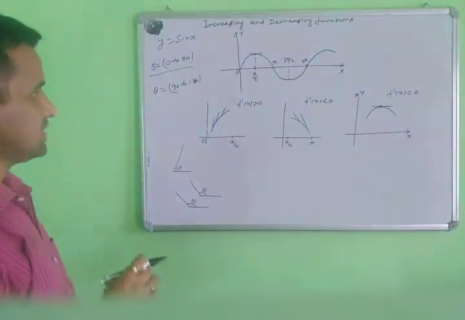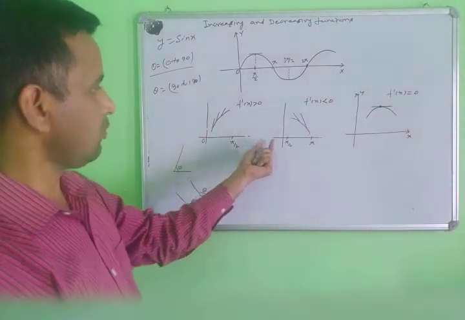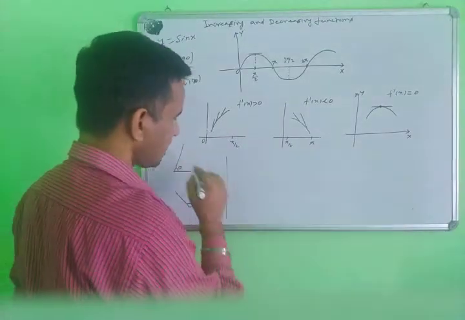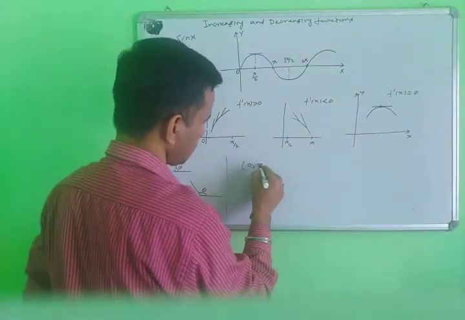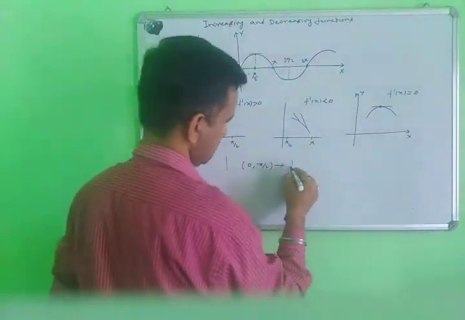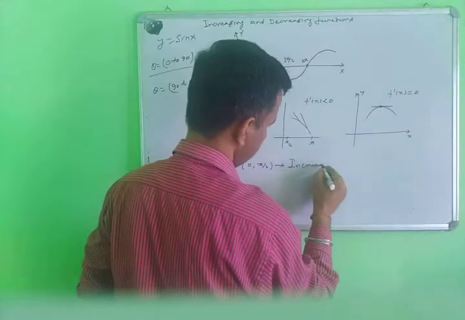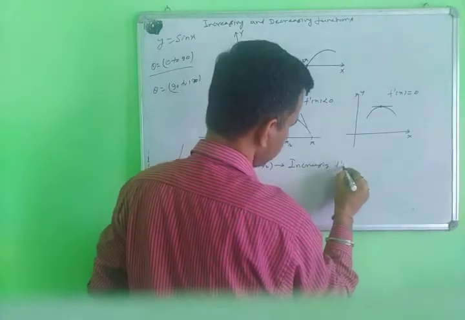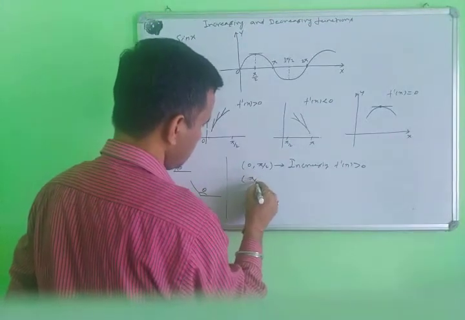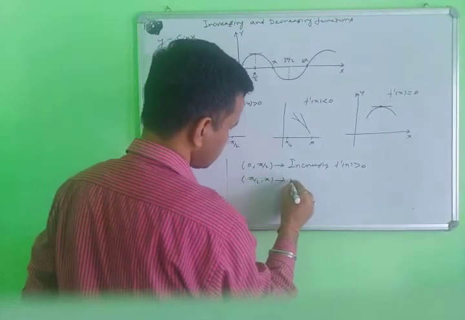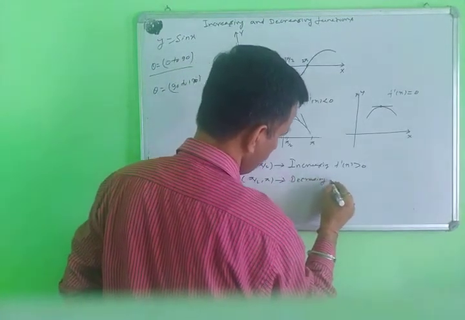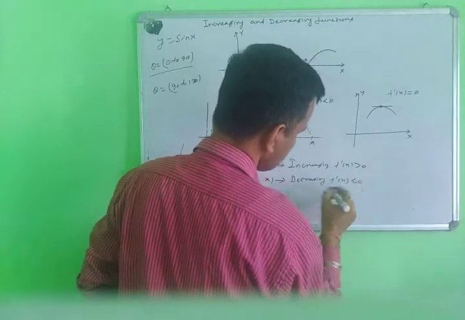Now these are the open intervals, 0 to pi by 2 and pi by 2 to pi. When it is 0 to pi by 2, an open interval, the function is increasing, f dash x greater than 0. On pi by 2 to pi, the function is decreasing, f dash x less than 0.